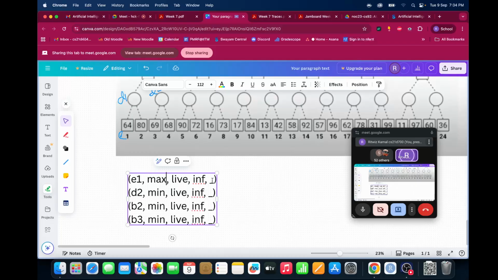Its bound is infinity, current value is unknown, but we know that E1 returns a value of 64, so we can say that this has a value of 64. Now we can label it solved. And once it is solved, we will move it to the end of the queue.